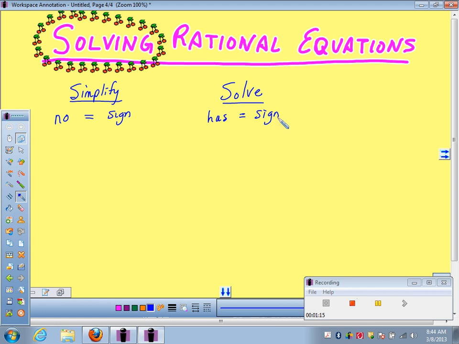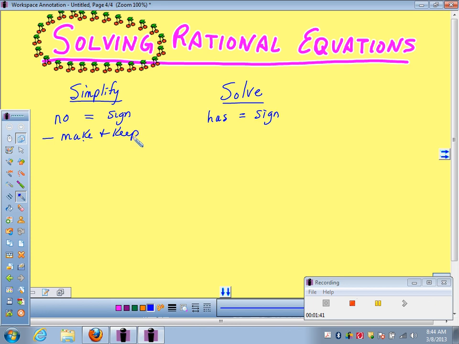Okay, and there's a big difference then. Because we have an equal sign, there's stuff we will be able to do when we solve that we're not allowed to do when we simplify. When you simplified, you had to make and keep common denominators.